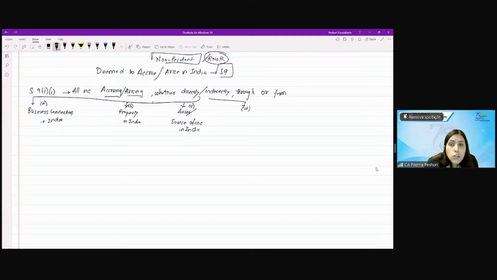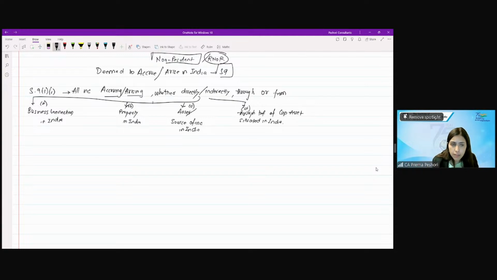Or through the transfer of a capital asset situated in India.